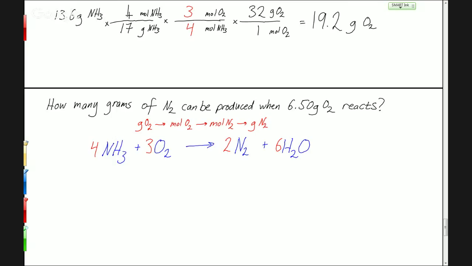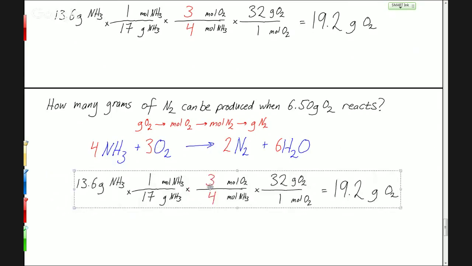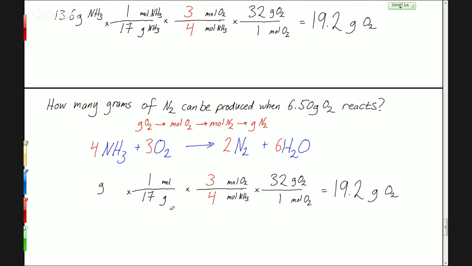All right, so to show you how similar this is, I'm actually going to just copy and paste our calculation from before. Go ahead and keep working on your own, but we're going to set everything up the same, just change the numbers as this problem asks for. So I changed my units around now.